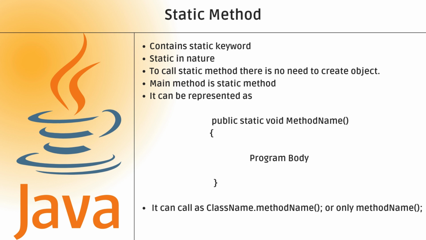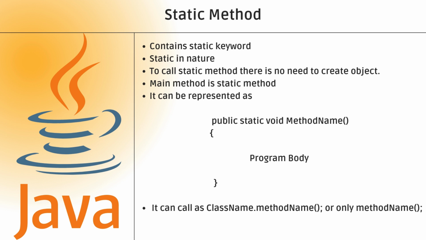We already saw the syntax of the main method. Similarly, the static method can be represented with this syntax, that is public static void method name, brackets, curly braces, and inside the curly braces you can add your program body. We already know what is meant by public static void, right?